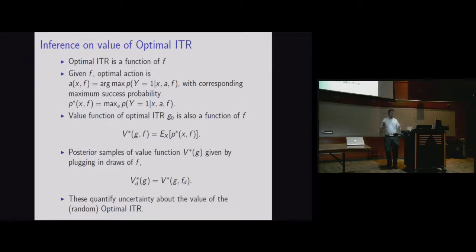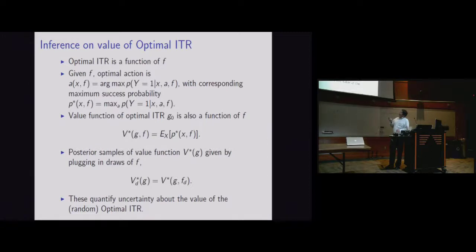And in fact, the optimal ITR is, again, a function of F, right? So here's where if we think about F as this random quantity or a parameter, then we can work with that.